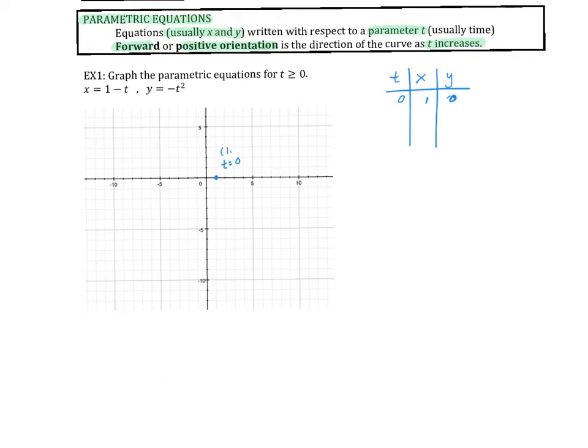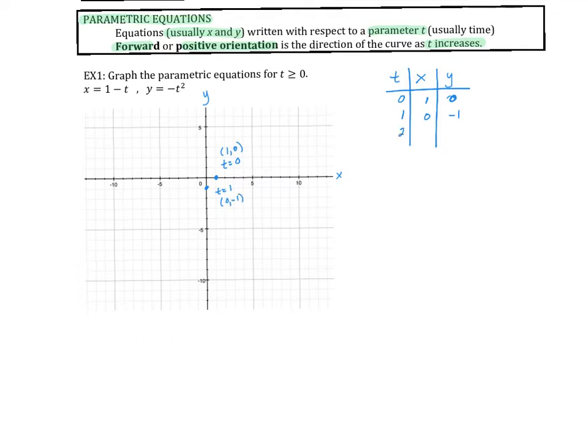So that would be the coordinate 1, 0, because we're still in the x, y plane. Now let's say t is 1. If t is 1, then x is 0 and y is negative 1. So the point is the point 0, negative 1.